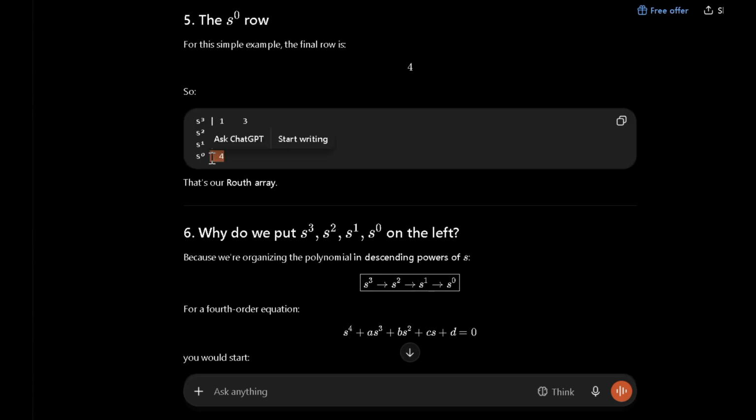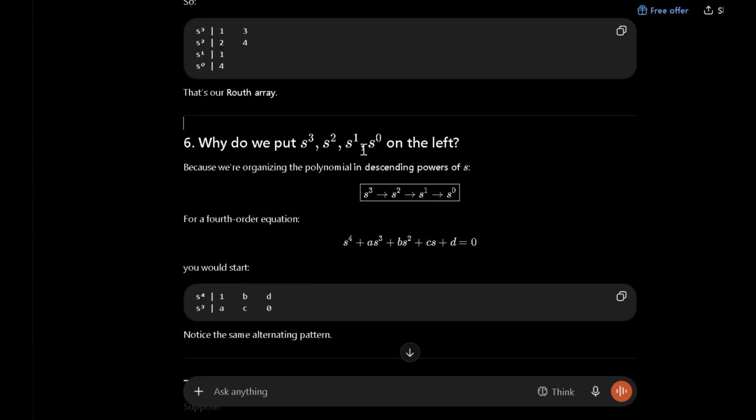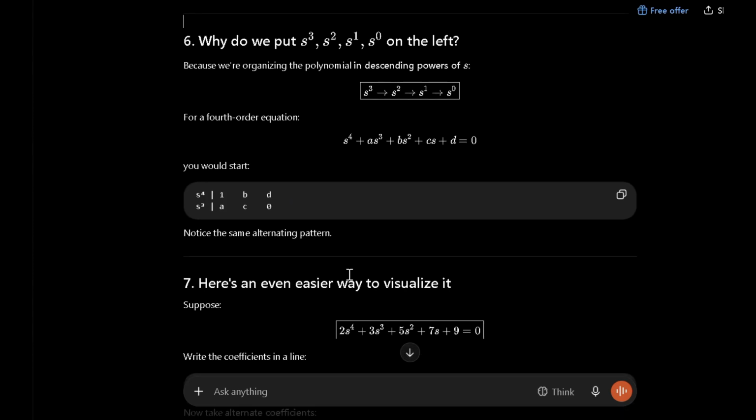Why do we put S3, S2, S1 on the left? Because we are arranging the polynomial in descending power of S: S cube, S square, S1, S0. For a fourth order equation, S4 plus BS cube plus CS square plus DS plus E equals 0, notice the same alternating terms.